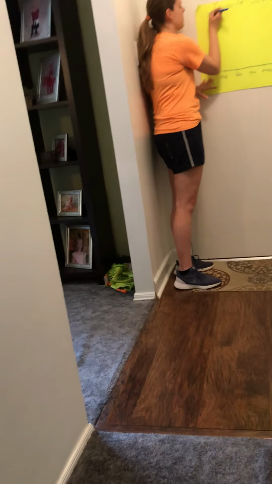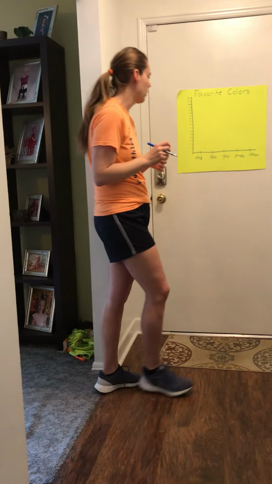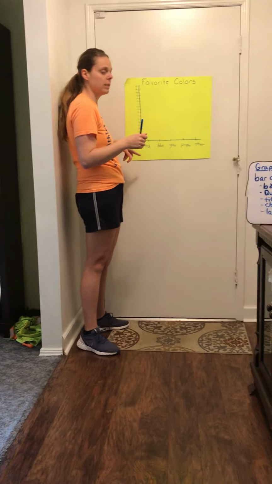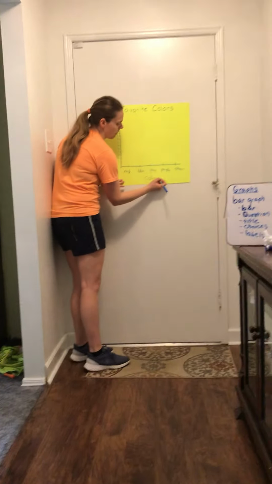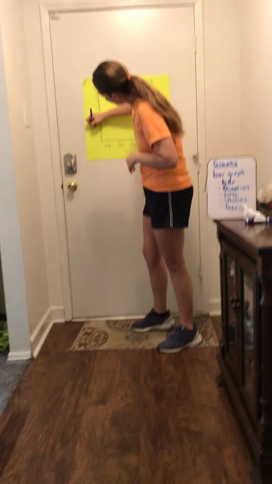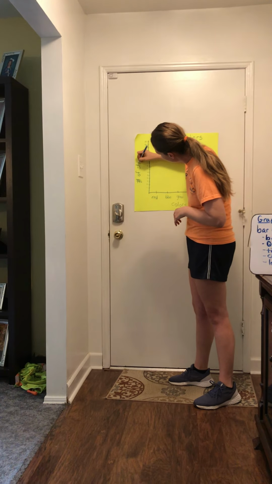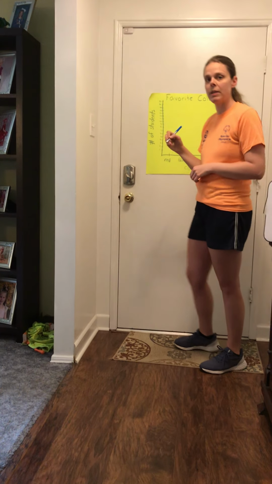All right, so I was able to fit up to 17. Hopefully we don't have 17 people that like the same color, but if we do. Now we have to write our labels on there. These are our choices, so these are all colors. And this is the number of students. Every time a student picks that color, we're going to color it up to that number.